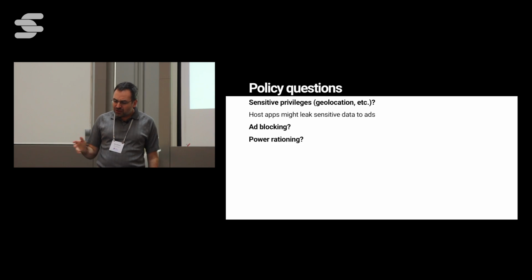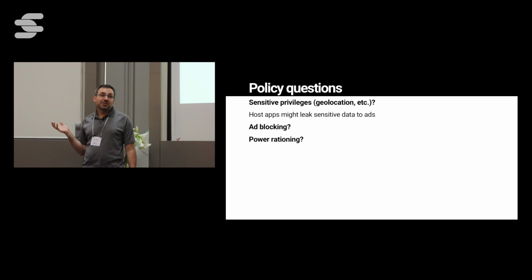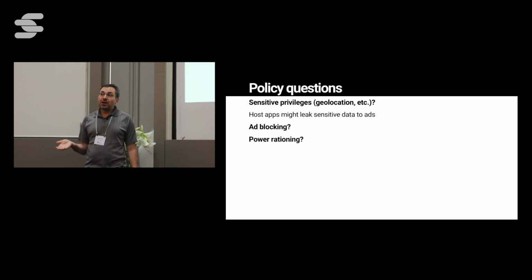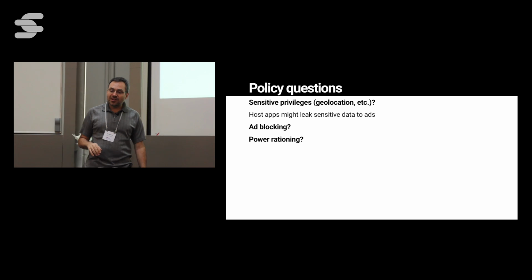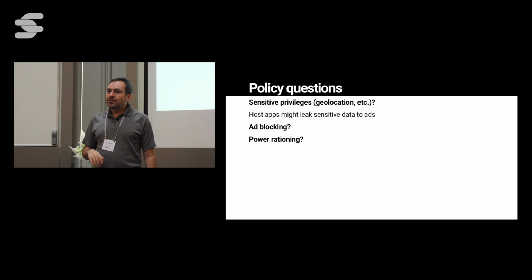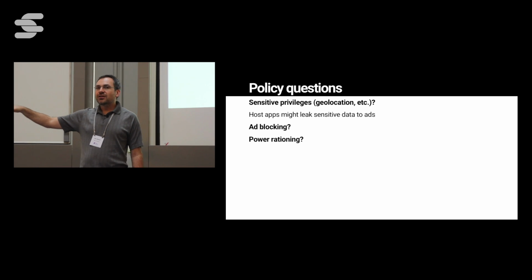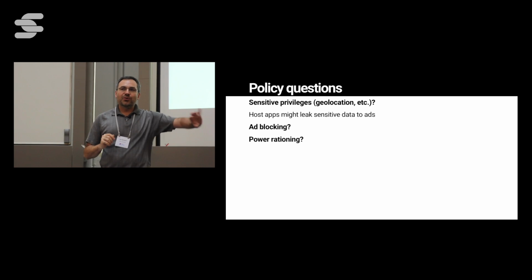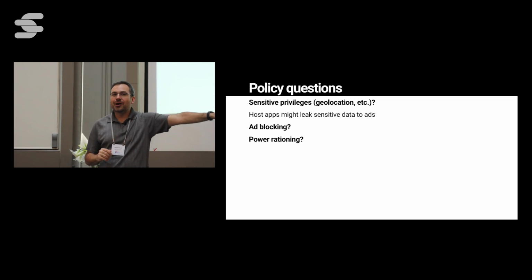We say, well, wait a minute, we still have some questions. Should we give them geolocation? Yes or no? Should the user have the opportunity to say yes or no? And if we're running the ads separately, does that mean we can do ad blocking? In return for giving you better click authentication, I also make it super easy for the user to just kill all ad web views, turn them into no-ops.